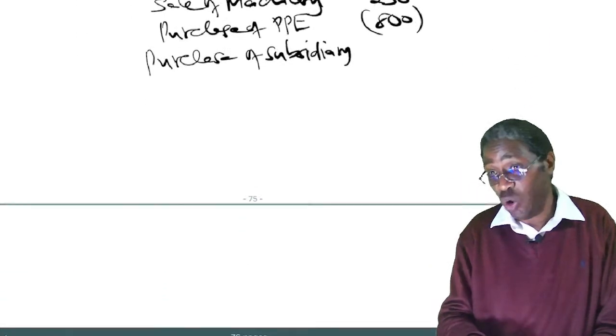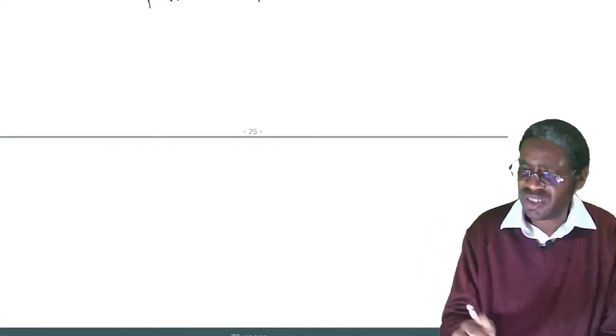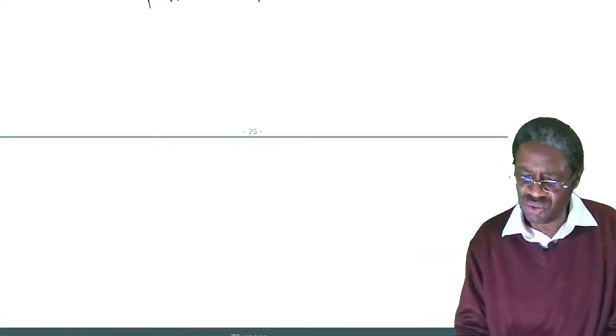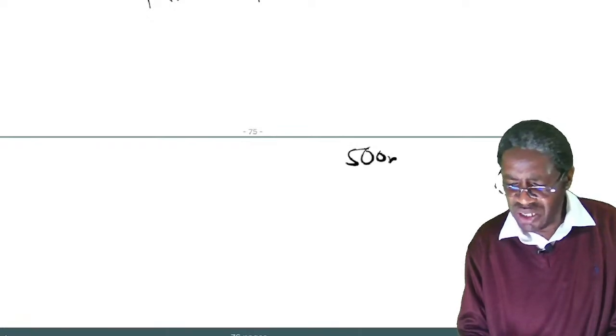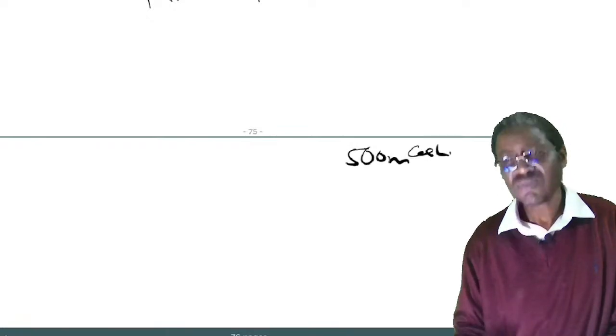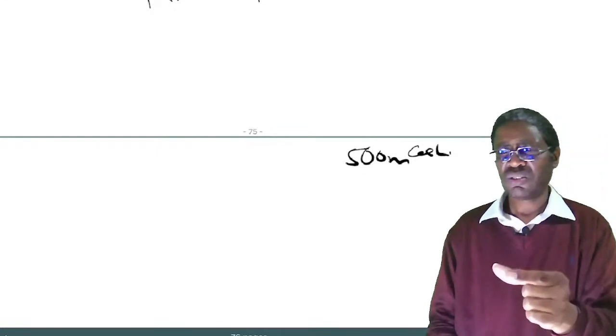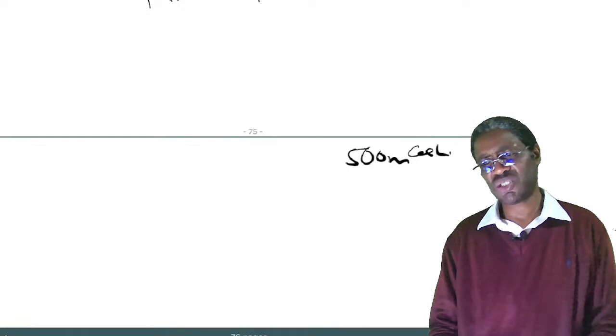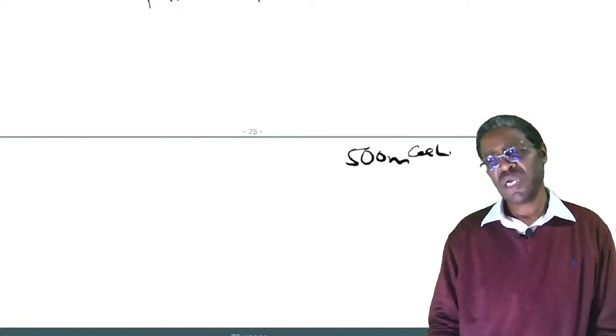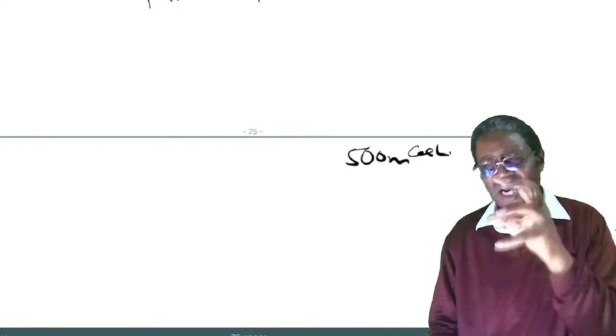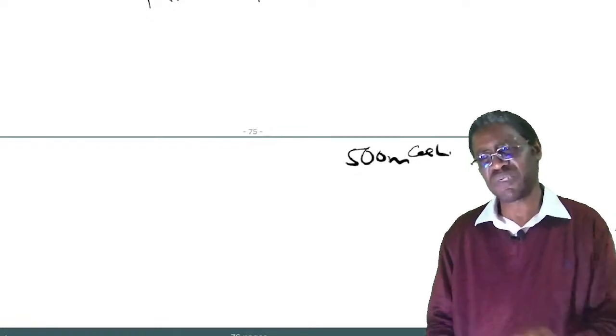Maybe, I hope you remember, the question tells you, you paid 500 million cash. Then I told you, it's true, you paid 500 million cash to buy the subsidiary. But do you take that 500 million to the cash flow statement?